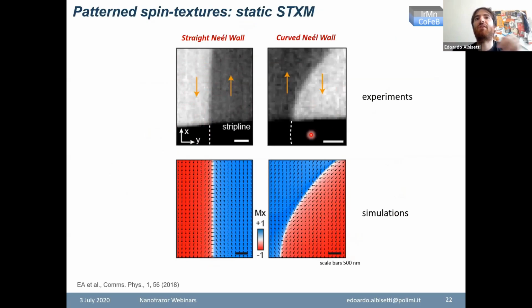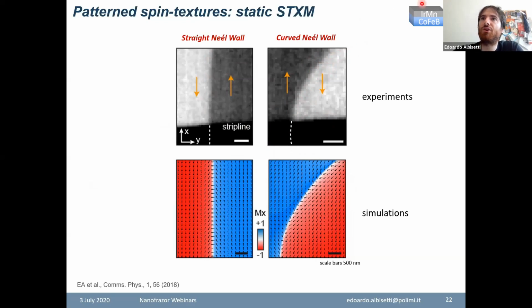But if you shape your patterning in a suitable way, you can also write curved domain walls. So here we wrote pretty much the same structure, but instead of a straight one, we have a curved one, so that the spins rotate from here to here in a controlled way across the curve that we set with the shape of the heated tip on the sample.